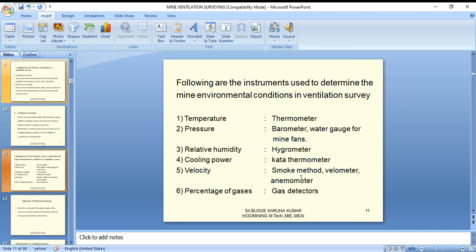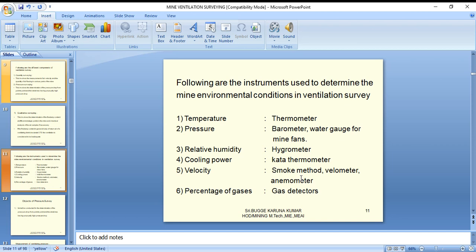Pressure: barometer, water gauge for mine fans. Relative humidity: hygrometer. Cooling power: Kata thermometer. Velocity: smoke method, velometer, anemometer. Percentage of gases: gas detectors. So these are the instruments we use from the environmental point of view.